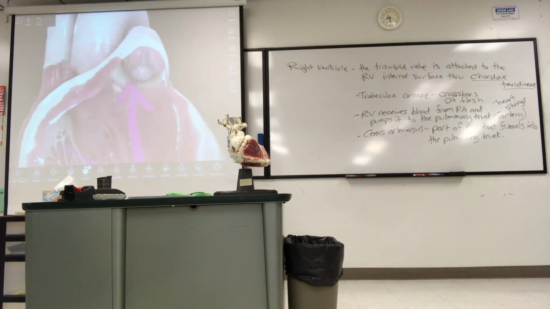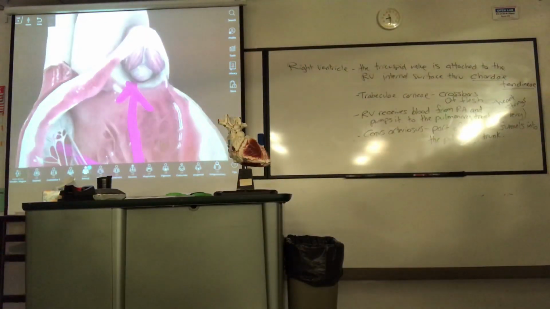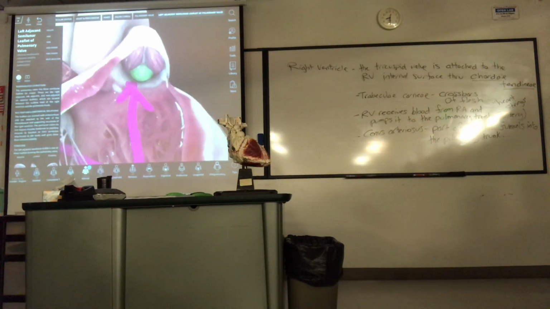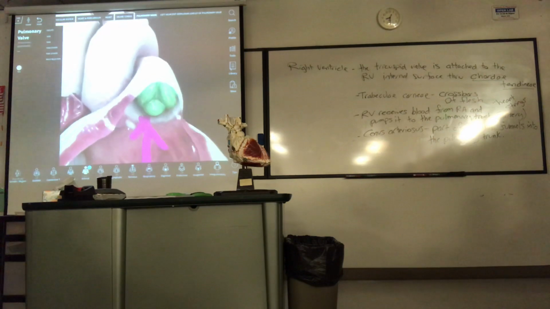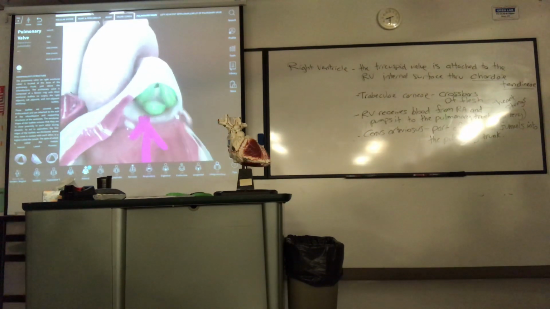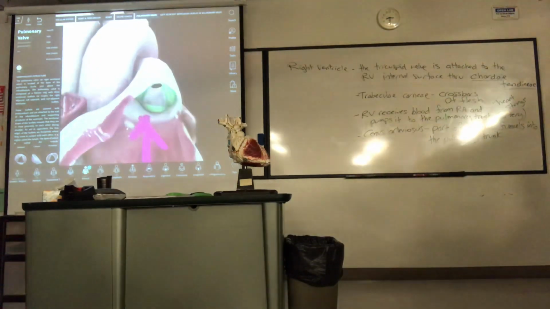I'm going to zoom in there. To get into the pulmonary trunk, we have to go through this valve. This valve has 3 cusps. There's 1 cusp. There's all 3 cusps of the pulmonary valve. The full name is pulmonary semilunar valve because one of those cusps is shaped like a half moon. Okay. So anyways, note that valve.